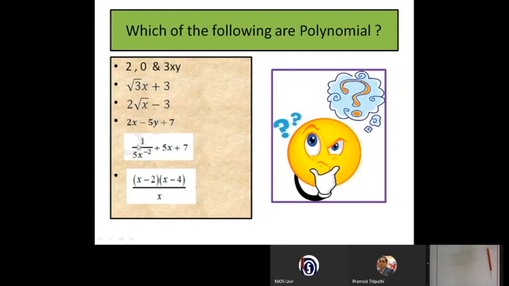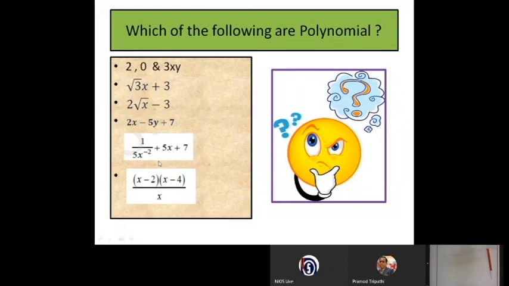In the next example, it is 1 upon 5 into x raised to the power minus 2 plus 5x plus 7. First term is 1 upon 5 x raised to the power minus 2. So when we use the law of exponents here, when x goes to the numerator side, the sign of the exponent gets changed.